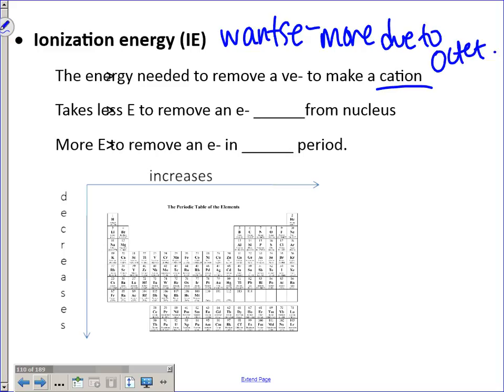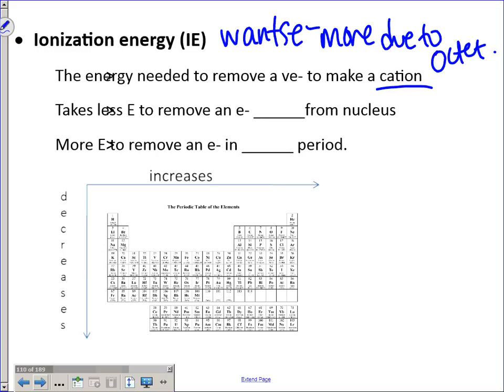So if you have 7 electrons, are you going to give up an electron? Heck no, right? It's going to require a lot of energy to get that from you. If you've got 1, 2, 3 electrons, what do you think about the relative magnitude of ionization energy? Lower or higher? Lower. Okay, so 4 is the break point.